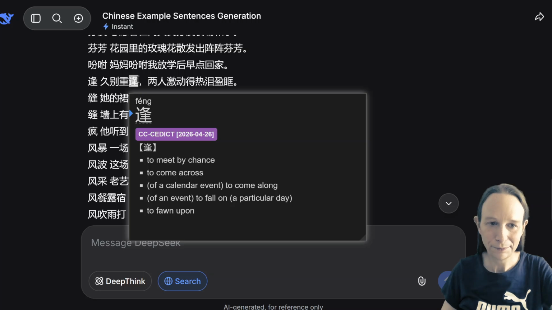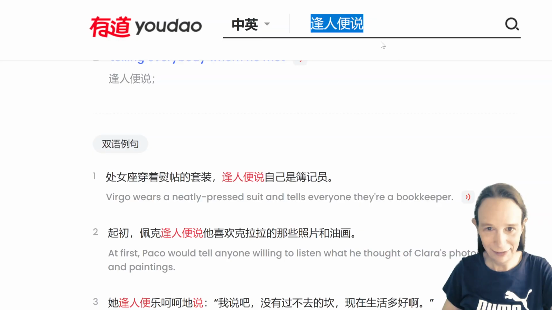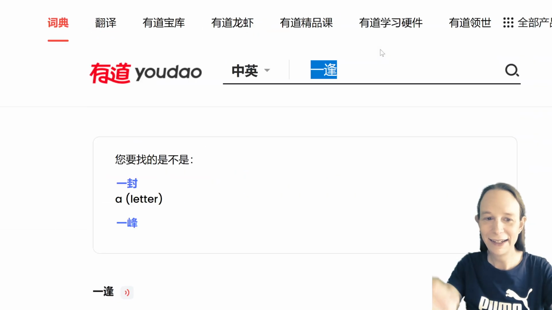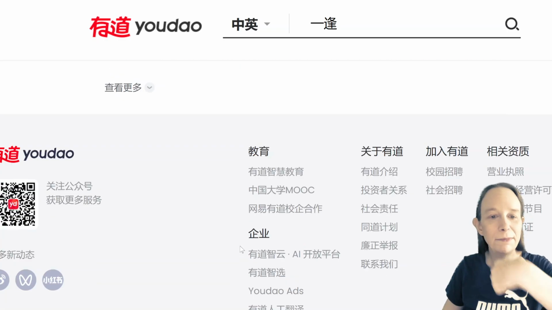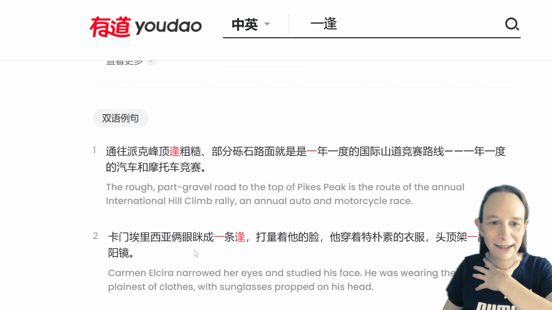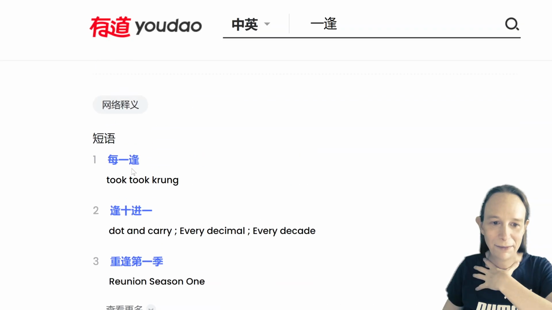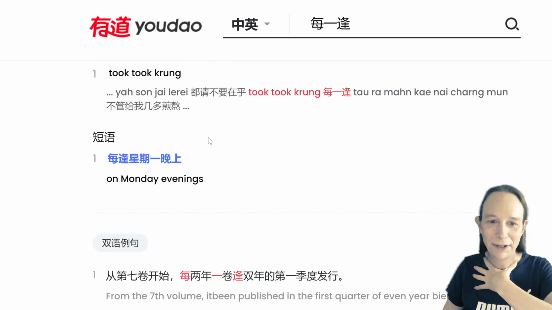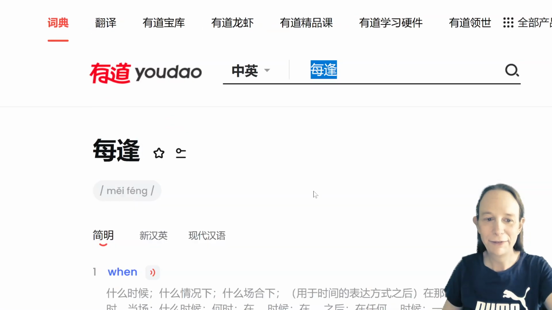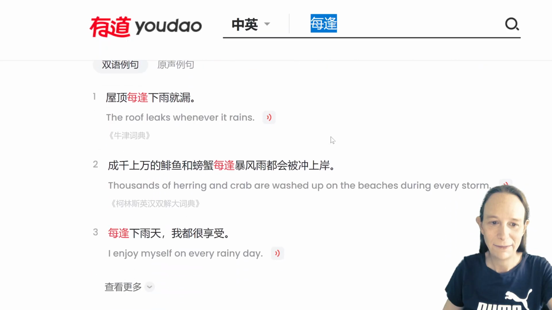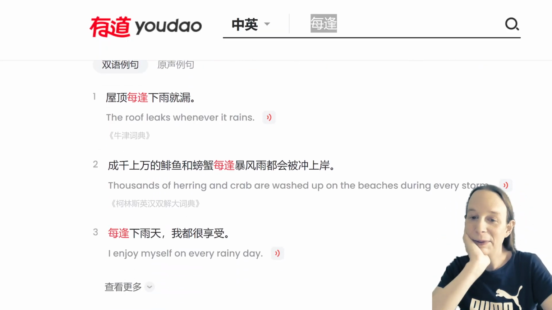All right. 逢. I believe it can be used as a measure word though. Why can't you just say 一逢? 每逢. Maybe it can't. Why is this not a measure word? 每逢, 一圈逢. Maybe it's not a measure word.